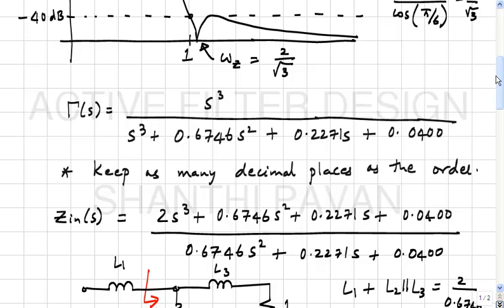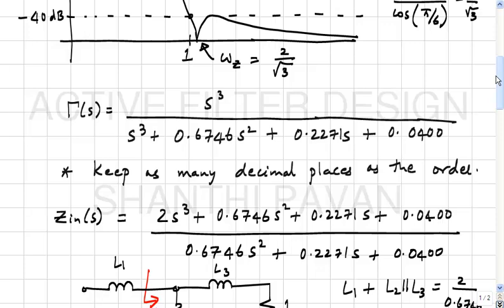H of j omega whole square is epsilon square Cn square of 1 by omega divided by 1 plus epsilon square Cn square of 1 by omega, which means that gamma of s times gamma of minus s evaluated at s equal to j omega is given by the square root of 1 by 1 plus epsilon square Cn square of 1 by omega, and then you do the factorization and you end up with the denominator of gamma s being the denominator of the inverse Chebyshev filter that you are trying to realize.